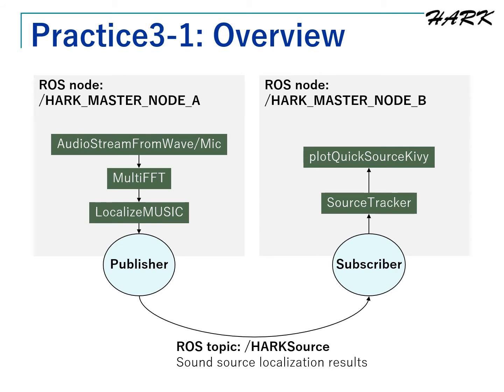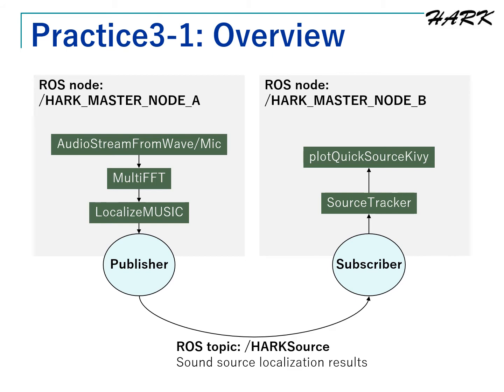Overview of Practice 3.1. A sound source localization system similar to the one constructed in Practice 1 is realized by distributed processing using HARK-ROS. The entire system is represented by a ROS network consisting of two nodes.